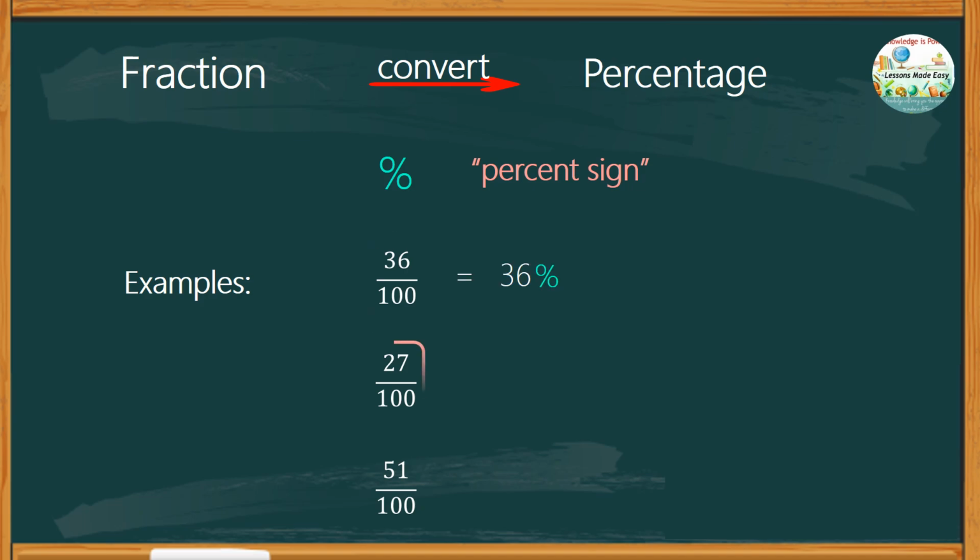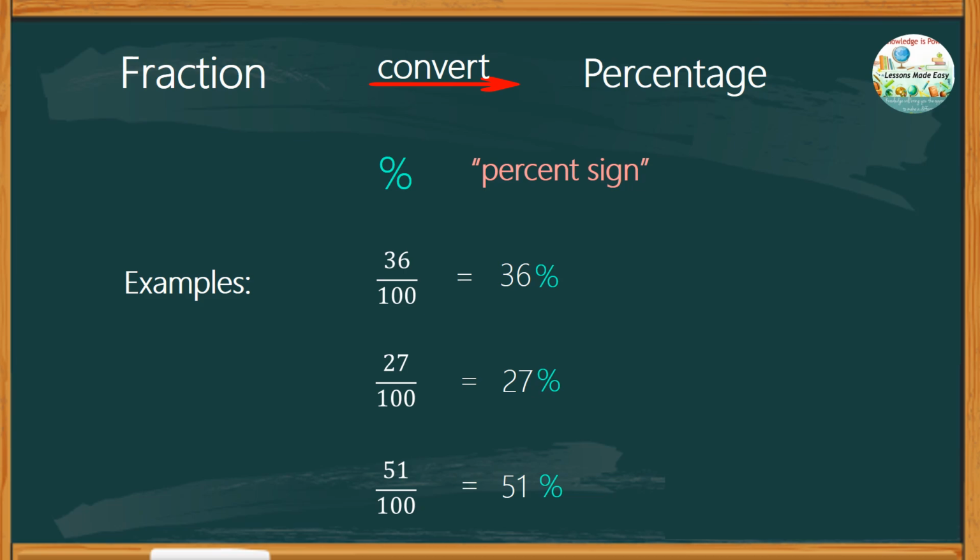Do the same with 27 over 100. Change the bottom number to a percent sign and copy the top number 27. This makes 27%. Therefore, 51 over 100 is just 51%.